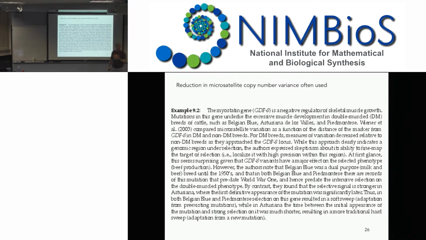So let me remind you what microsatellites are. You have regions of DNA that have multiple short repeat copies, like little train cars. When you've got multiple short repeat copies, they can mutate at high rates, not from mutation per se, but when DNA is replicating, the polymerase slips. So the error rates in terms of copy number for microsatellites are on the order of 1 in 100 to 1 in 1,000.